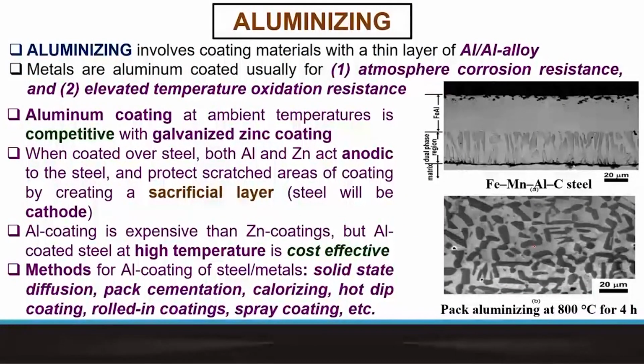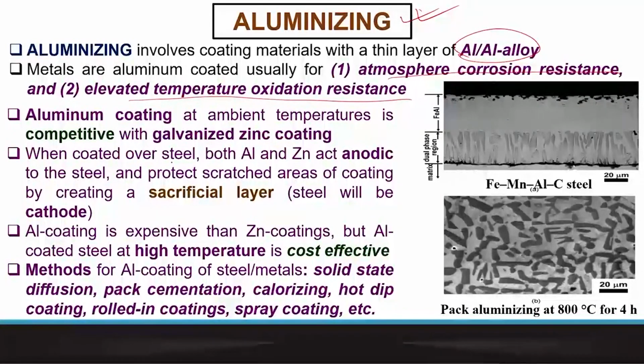When we are not talking about a generic system but about aluminum diffusion, through aluminum or aluminum alloy, then the process is called aluminizing. The target, of course, is to improve either the atmospheric corrosion resistance or the high temperature oxidation resistance.